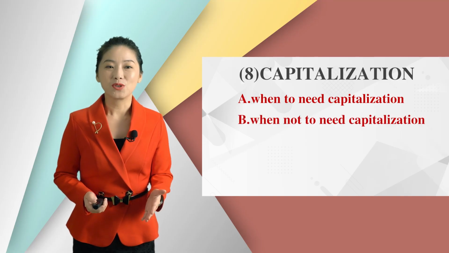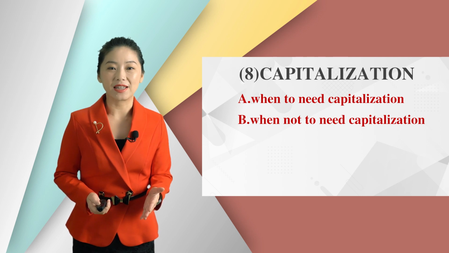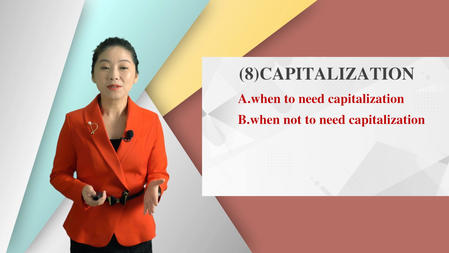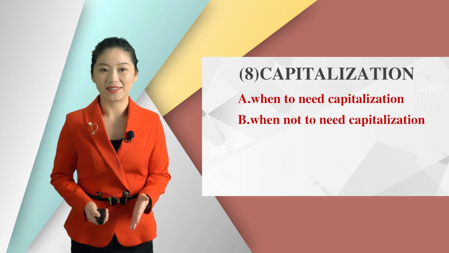If a word that cannot be capitalized appears at the beginning of a sentence, it is best to find a way to adjust the structure of the sentence. Terms used as derivative words or adjectives need not be capitalized.